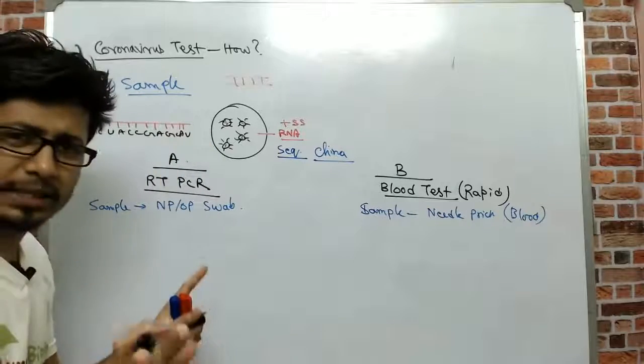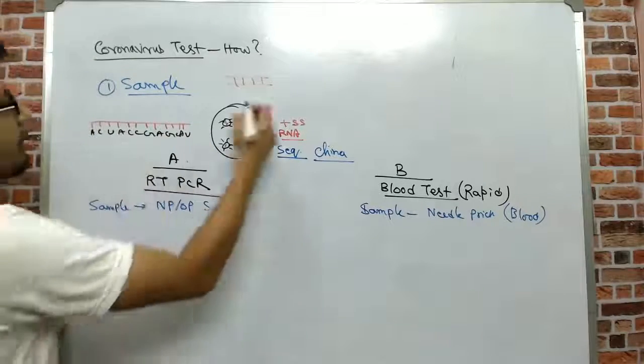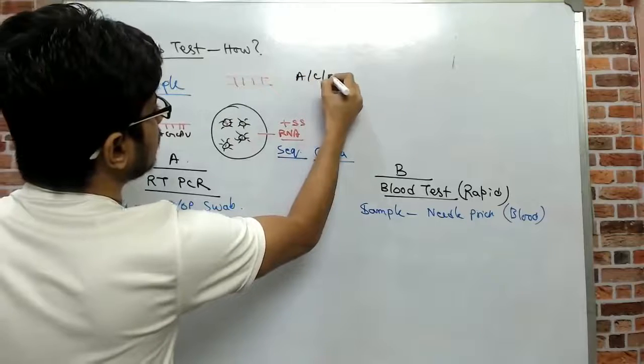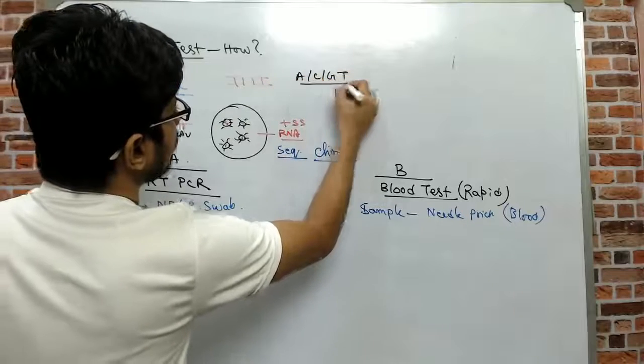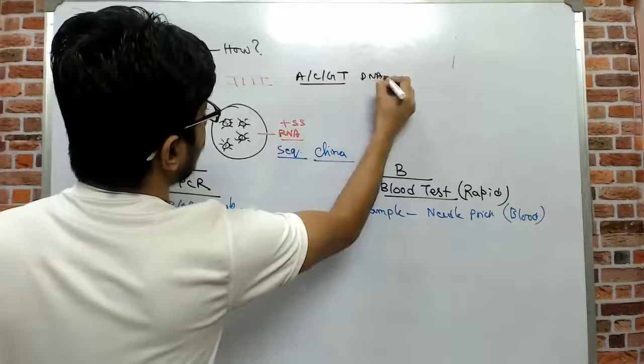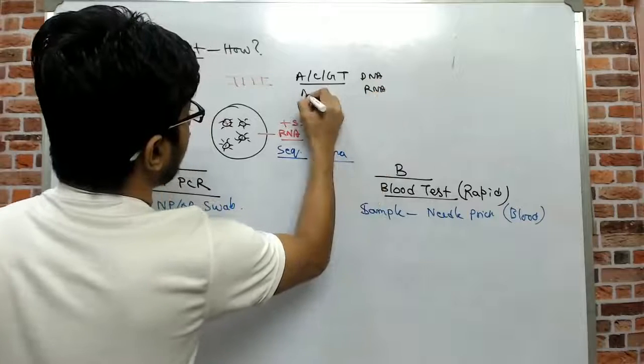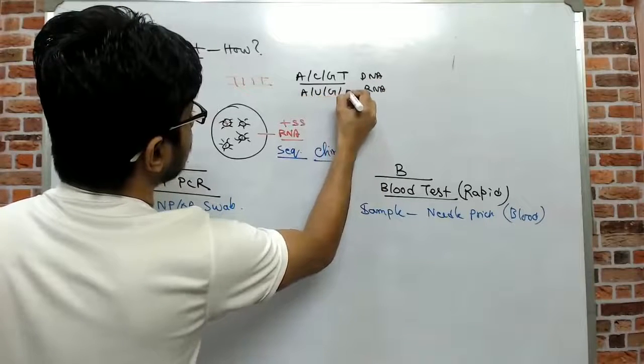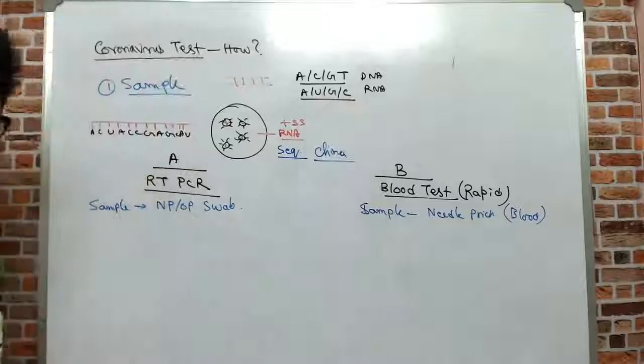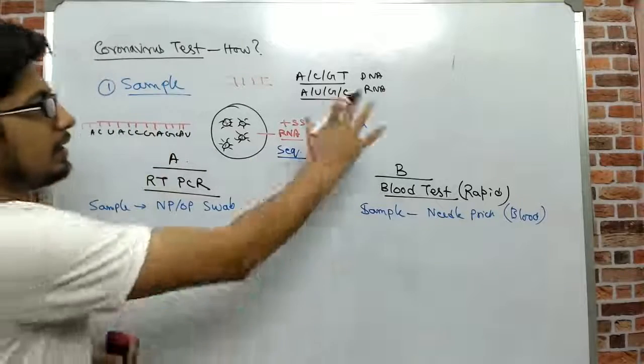So it's a hypothetical sequence that I'm drawing. DNA is made up of four things, A, C, G, T, and RNA is composed of A, U, G, C. So these are the components.